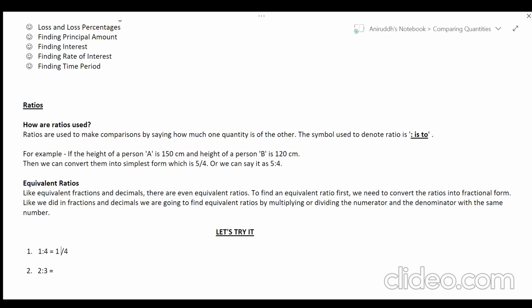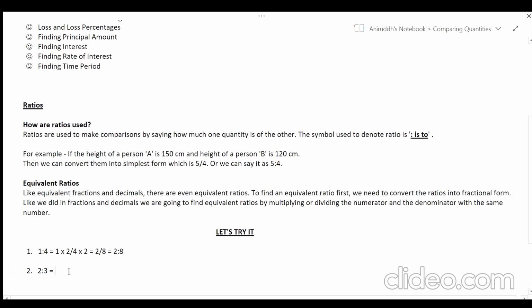So we'll multiply both of them with 2. 1 into 2 by 4 into 2 will give 2 by 8, which in ratio we write as 2:8. So 2:8 is an equivalent ratio of 1:4.